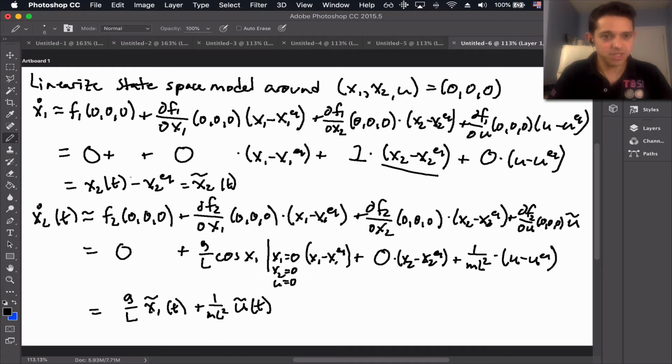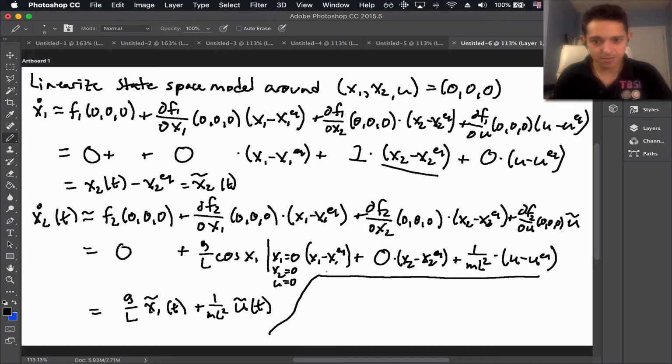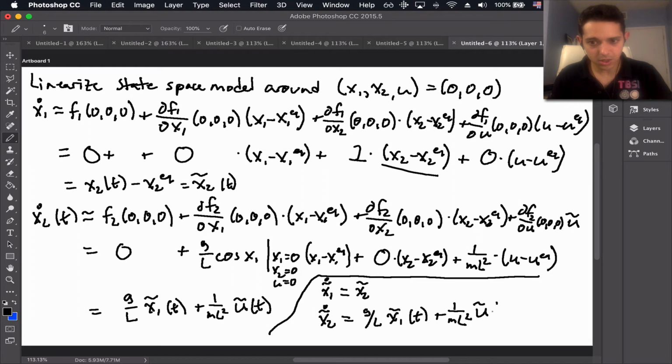And then going back to the first state equation, this is just x2 tilde. So now, if we summarize and clean up, in the end, x1 tilde dot is just equal to x2 tilde, and then x2 tilde dot is equal to g over L times x1 tilde plus 1 over ml squared u tilde.